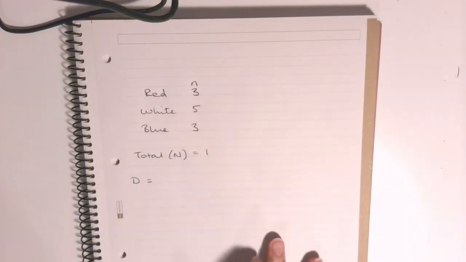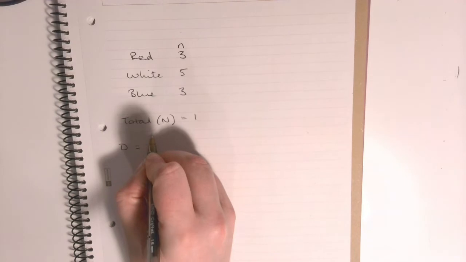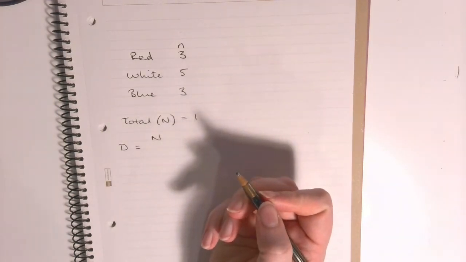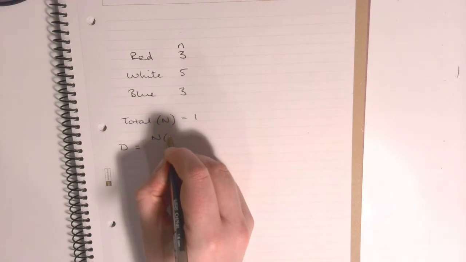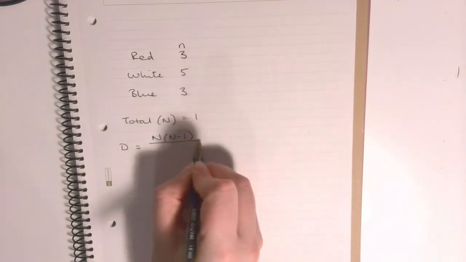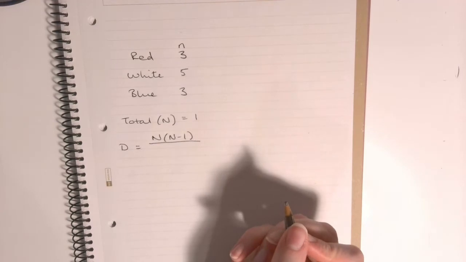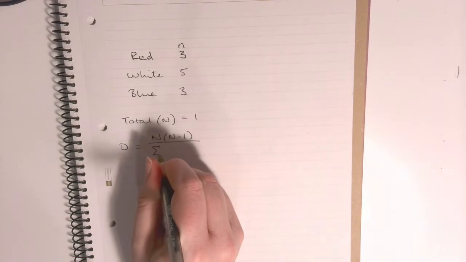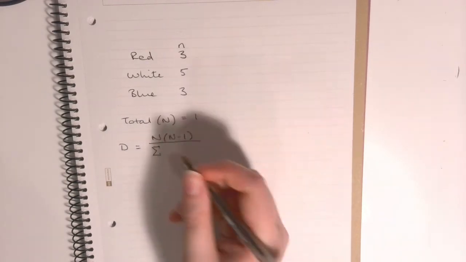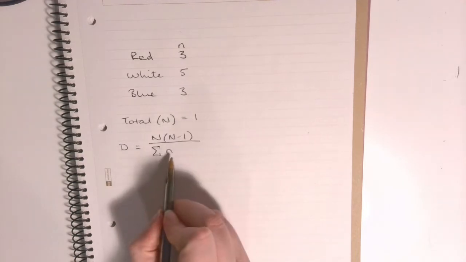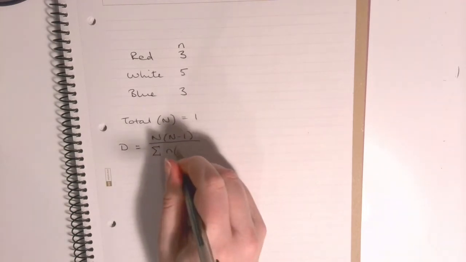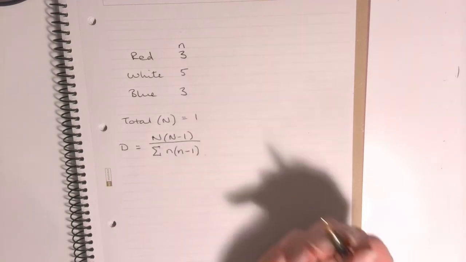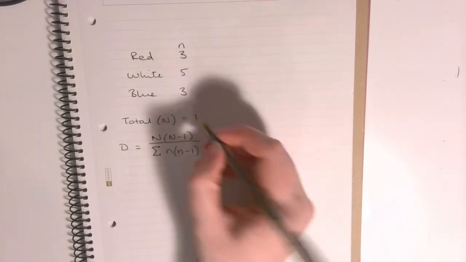Diversity is equal to the total number of flowers, so capital N, times total minus 1, divided by, now this squiggly sideways M thing means sum of, and I'll explain that in a second, the number of each individual species, so little n, times little n minus 1. That was 11, I didn't finish that, I'm sorry.